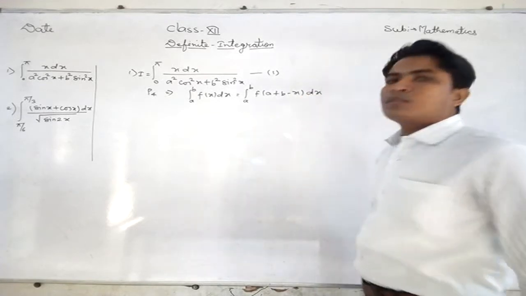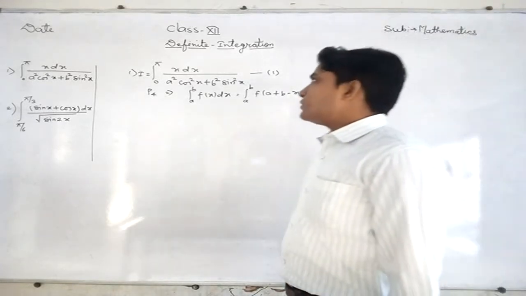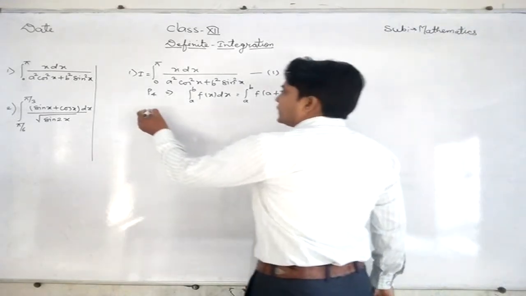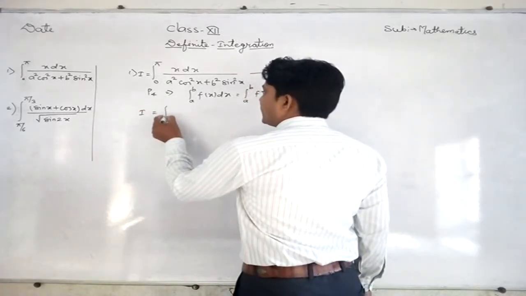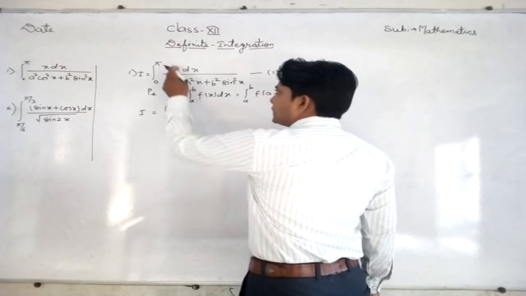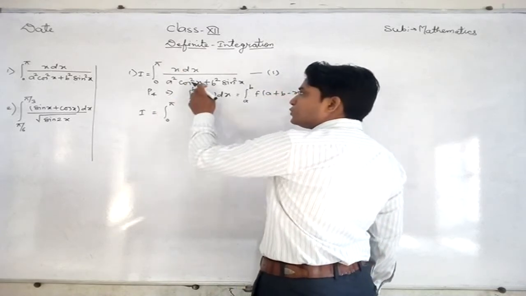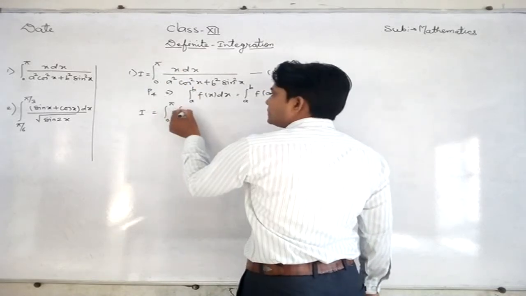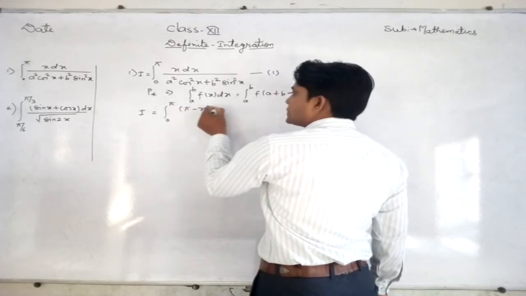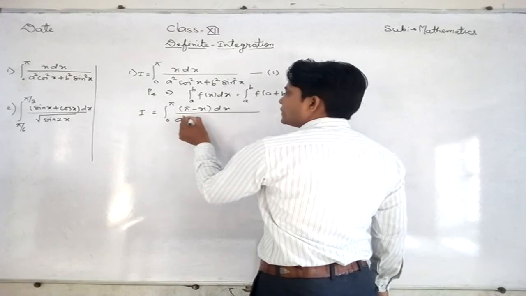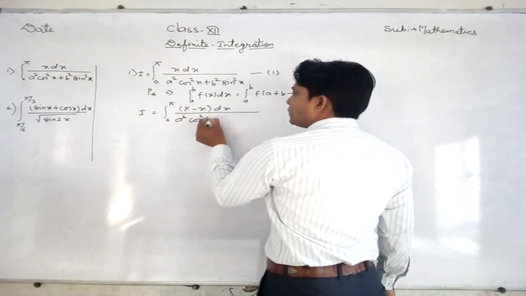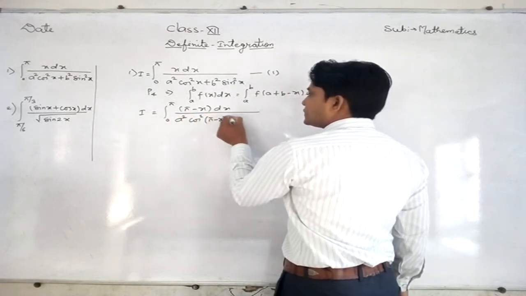So we apply P4: 0 to pi, pi minus x dx, divided in the denominator by a square cos square of pi minus x plus b square sin square of pi minus x.